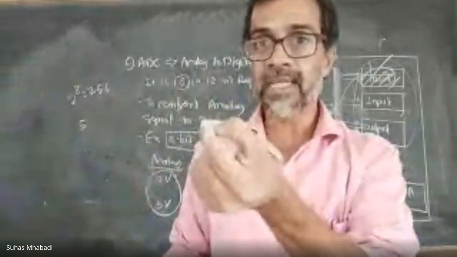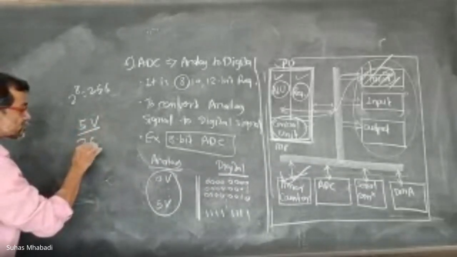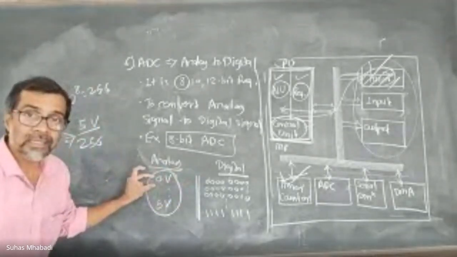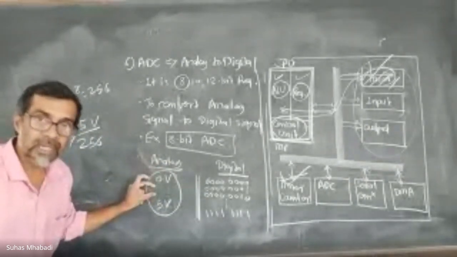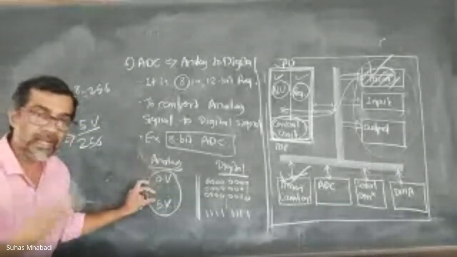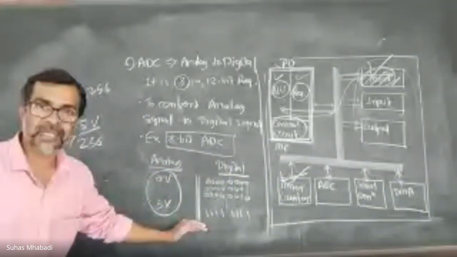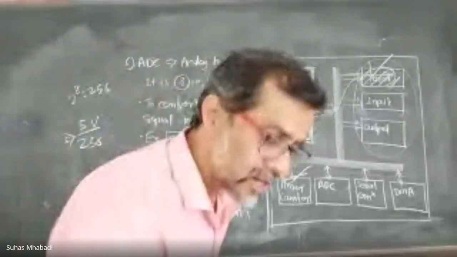What will the smallest voltage sensed be? It will be 5 volt divided by 256. In one step I get that much voltage: 0 plus that voltage, plus that voltage, plus that voltage, likewise. When we go through 256 steps we will reach 5 volt. So in that way it works.